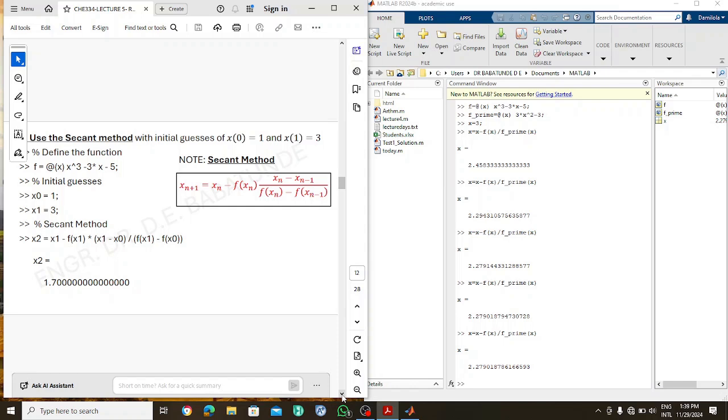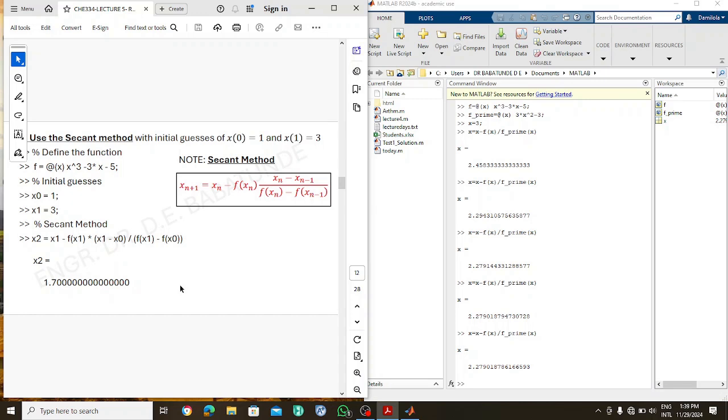So x2 is equal to x1 minus f of x1 into x1 minus x0 divided by f of x1 minus f of x0. So that's the method here. This is the second method. So that's what I've interpreted here.